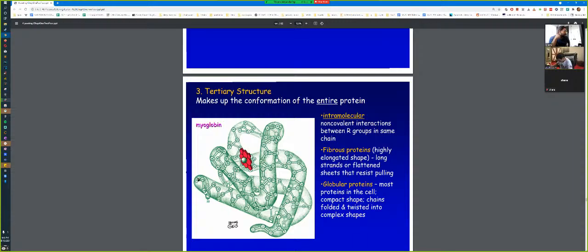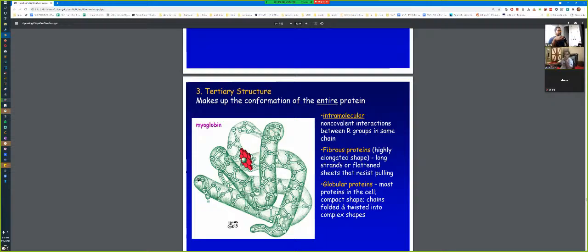Conformation of the entire protein, non-covalent interactions between R groups. Once you get to the tertiary structure, secondary structure doesn't involve the side chains, the R groups. It just involves the backbone. But tertiary structure now involves the side groups.